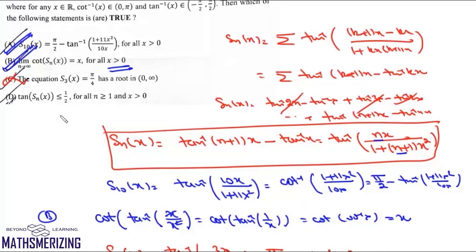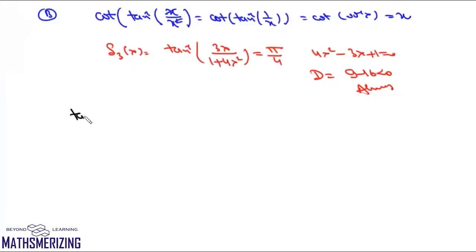And then finally, this D, which is tan S n x. Now if we look at this tan S n x, it will be nx upon 1 plus n plus 1 x square.